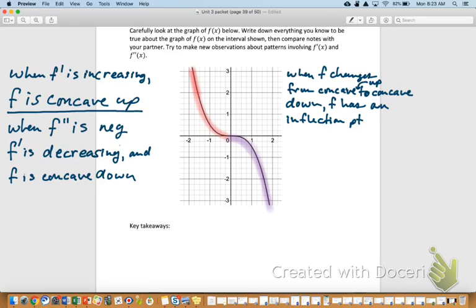Okay. Let me give you some key takeaways. This will go nicely with some of the things you guys said. So key takeaway number 1: if f prime changes from increasing to decreasing, or decreasing to increasing, f has an inflection point.